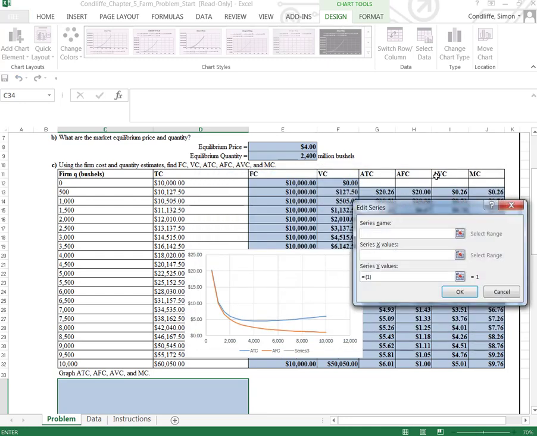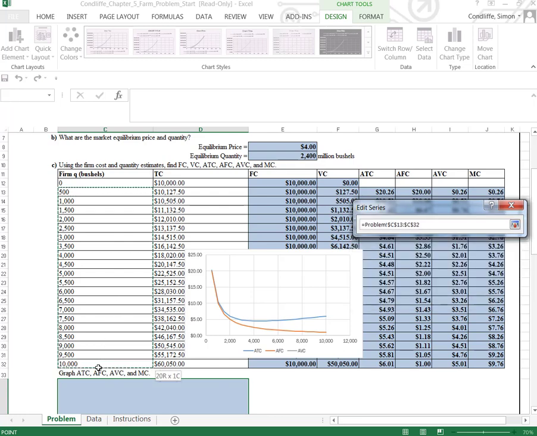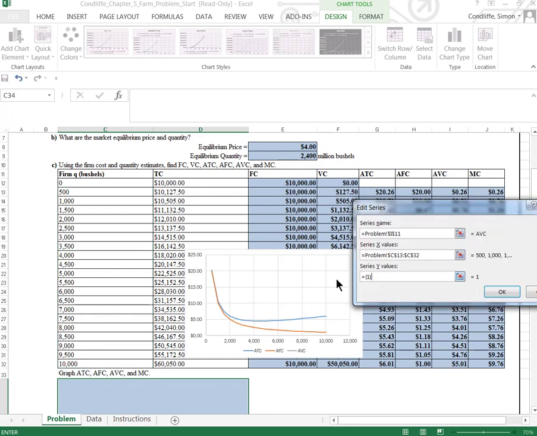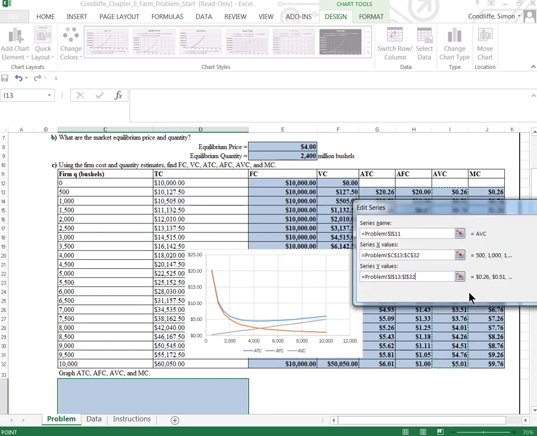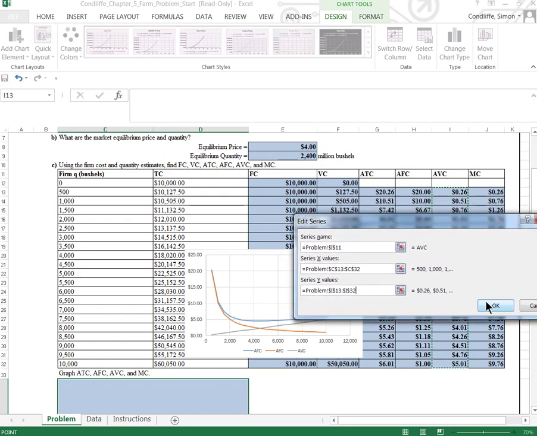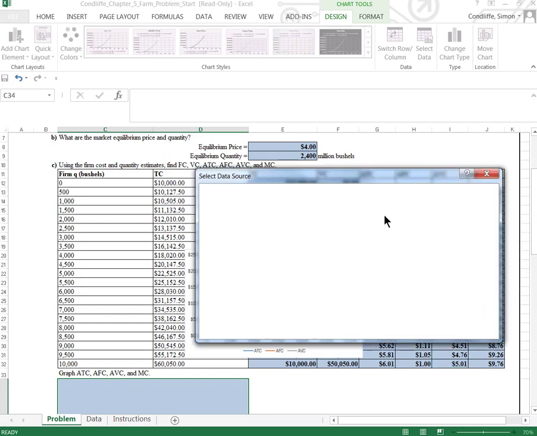Average variable cost, starting at 500 up to 10,000. Finally, marginal cost.